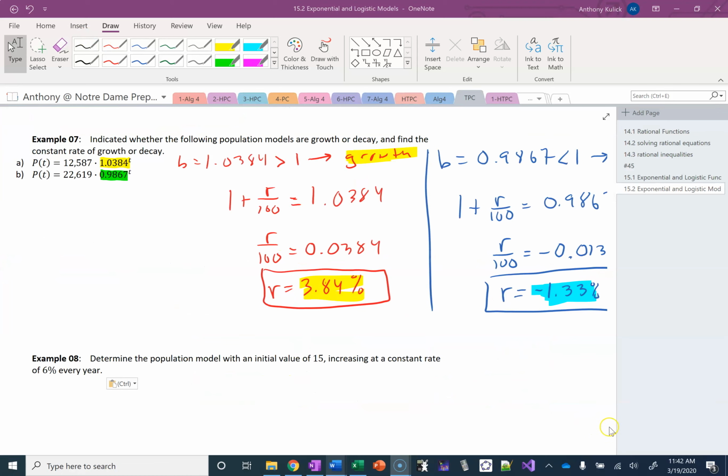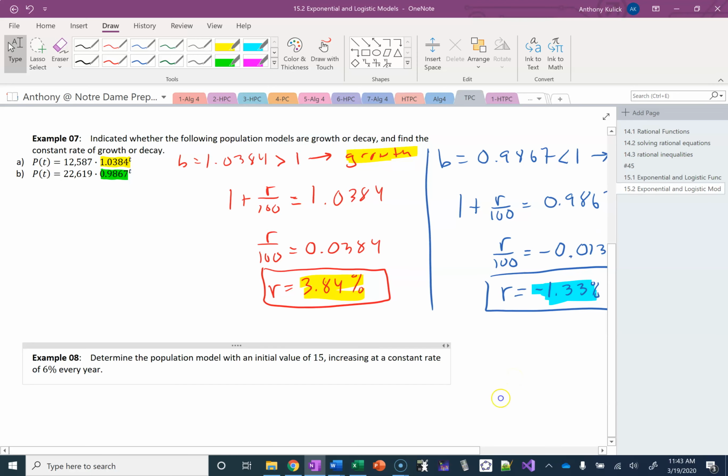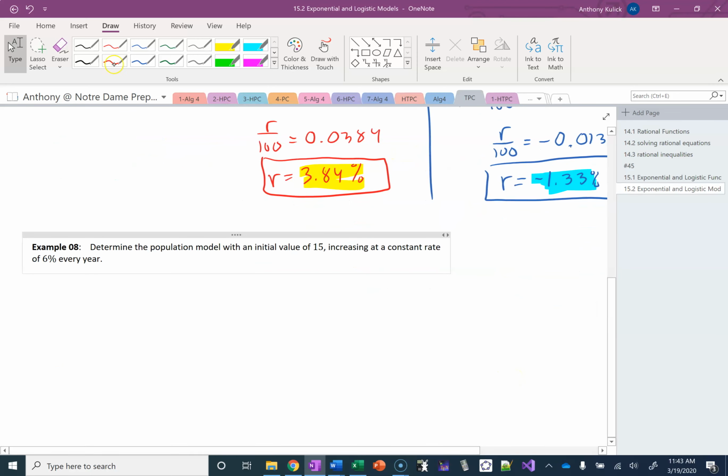Next example, we're just going to write a population model. We're going to write the equation. We want a population model with initial value of 15, increasing at a constant rate of 6% every year. We're going to be using our population model that we gave at the beginning.